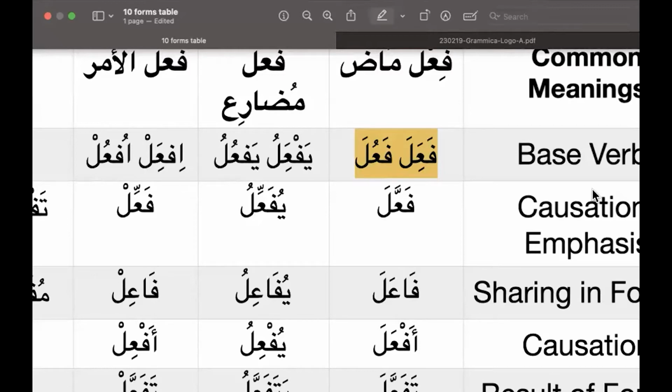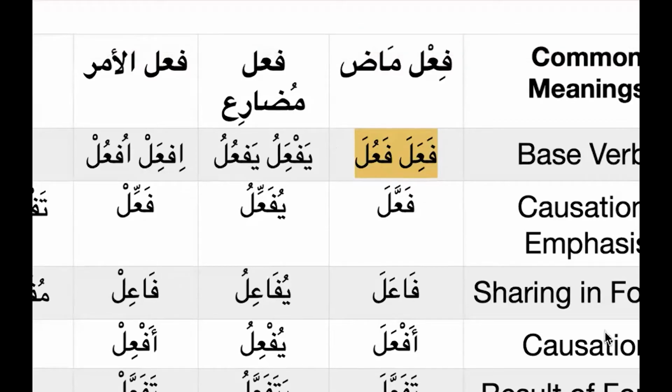And so here it's a damma in the mudari'. Okay. And then for even some verbs, you have a damma in the madi and the mudari'. So you would say something like sharufa yashrufu. So this is the bab.